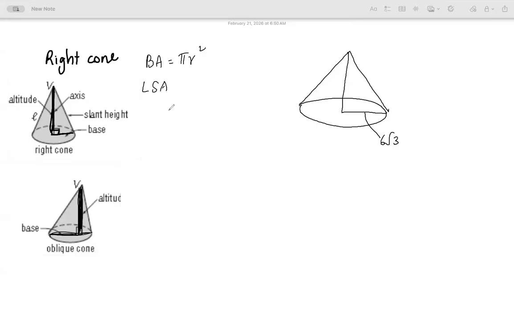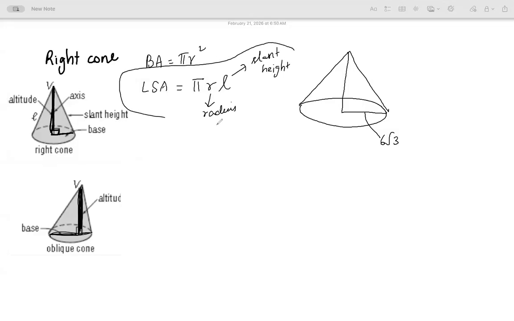That lateral surface area will be equal to pi r L, where r is the radius and L is the slant height. This one I did not give you. It is very useful to find the lateral surface area of the cone. This is the first time I am asking you to memorize, because I can show you the derivation, but that's not quite useful.